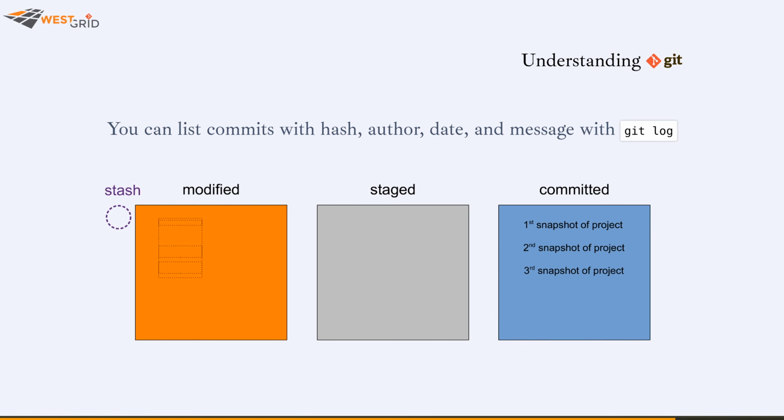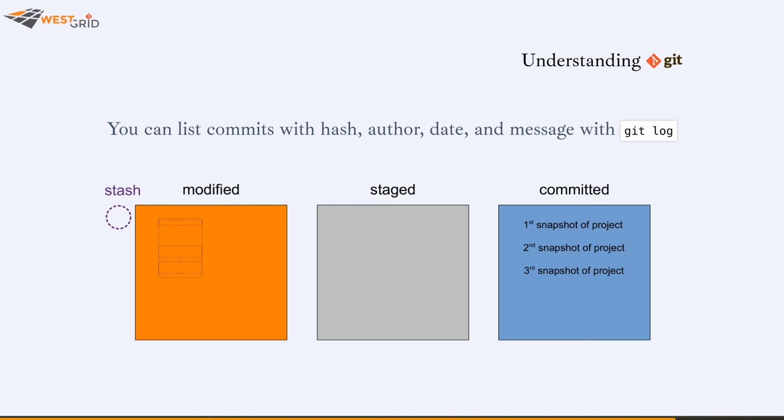Because if your commit messages are 1st commit, 2nd commit, 3rd commit, it's not going to be extremely helpful when you look at your git log to find the commit you're interested in. If you write informative messages, it's going to be a lot easier to find, oh yes, that's the version with this and that. All right, okay, easy.